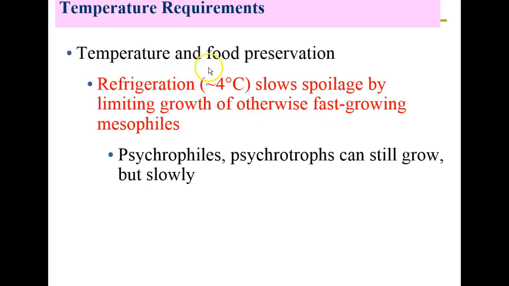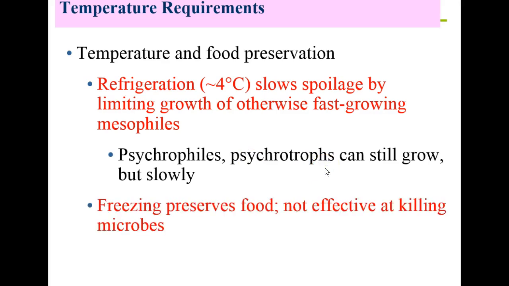We use temperature to preserve foods. We use low temperatures, like refrigeration temperatures, to slow down the spoilage of foods. The only organisms that can grow in refrigerator temperatures will be the psychrophiles and the psychrotrophs. Freezing also preserves food, but it is not effective at killing microbes.